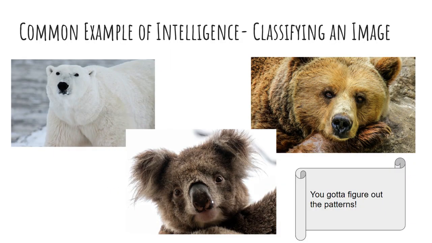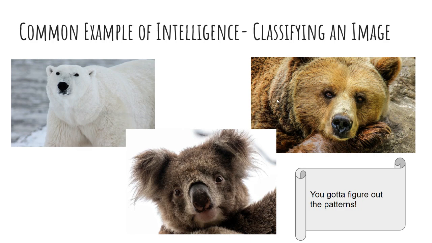Koala is not so much, from my understanding. You can also see the difference in the nose. Furthermore, you can look at their paws. You can see the differences there. There are so many different qualities and characteristics about these animals that help us classify them differently.